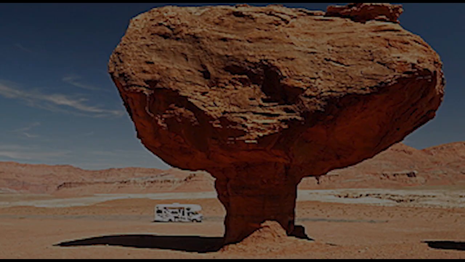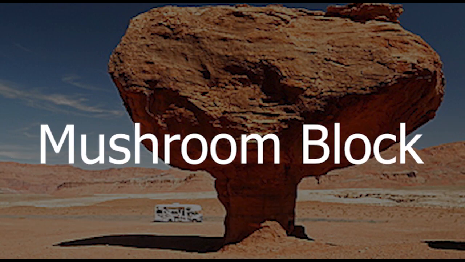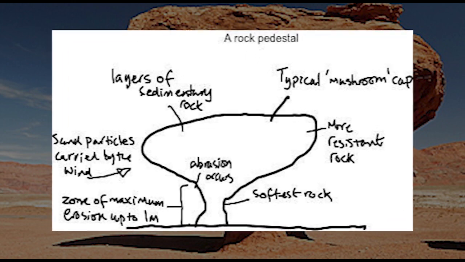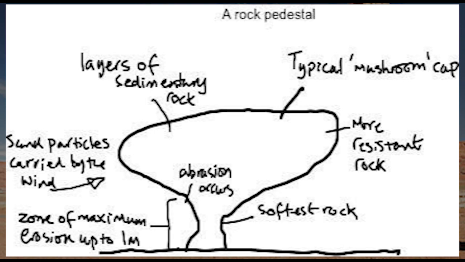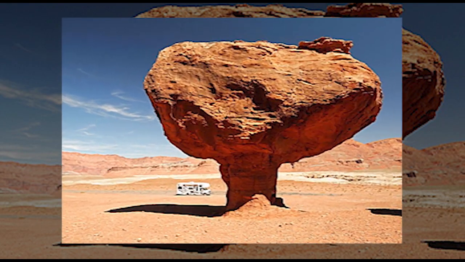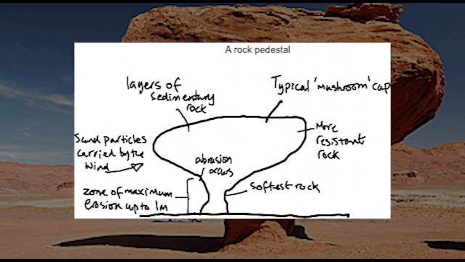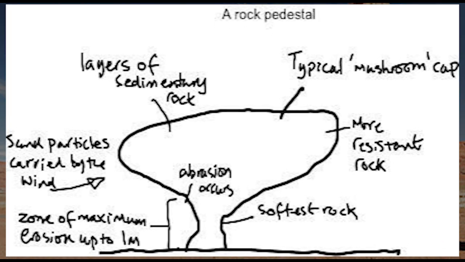The fourth feature created by wind erosion in desert areas is mushroom rock. This is a massive rock with a broad, smooth and rounded top and a very narrow bottom. This is formed from homogeneous rock of uniform hardness and resistance.